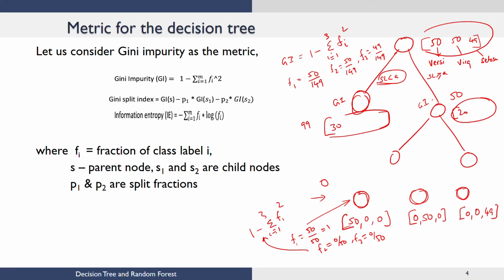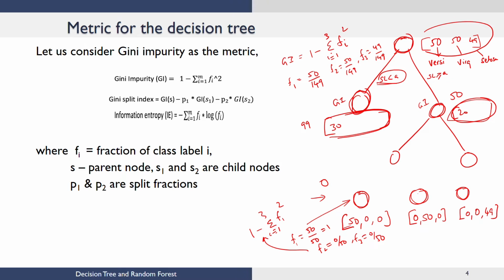So, if we use this sepal length and this number a as the choices to make this split, then we can compute something called the Gini split index, which is basically the difference between the Gini index of this original node minus P1 and P2, which we will come back to. We can compute a Gini index for this node, same formula, based on how the split happened, and we can compute a Gini index for this node based on how this split happened. The only thing we need to understand in this formula is what P1 and P2 are.